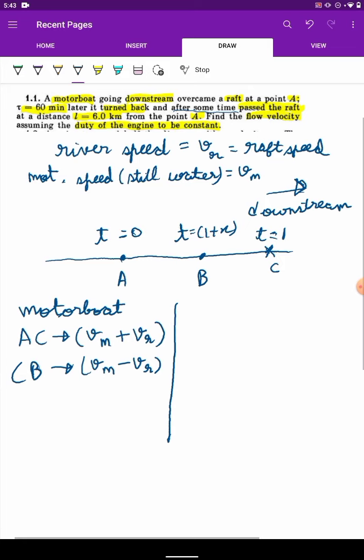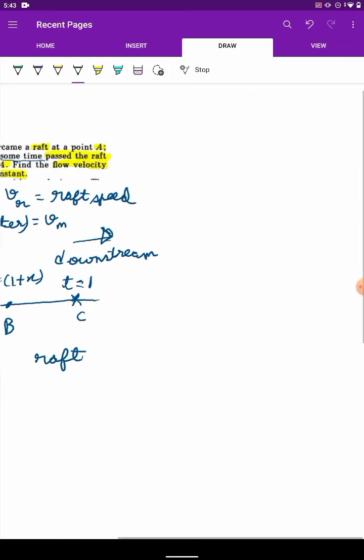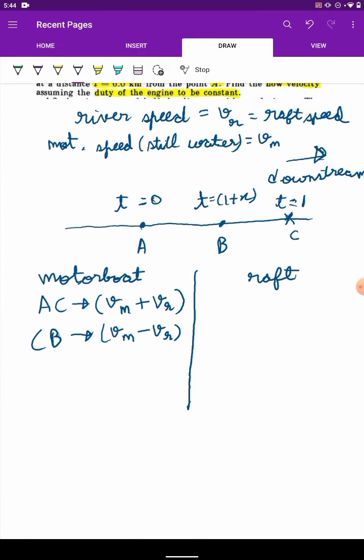Okay, let's consider simply the raft, which is very easy. The raft goes from A to B in the time the motorboat goes from A to C and then back to B. So the raft has a constant speed of Vr in the same direction, that is from A to B. The raft covers the distance AB. The time taken is 1 plus x. So distance equals speed into time.